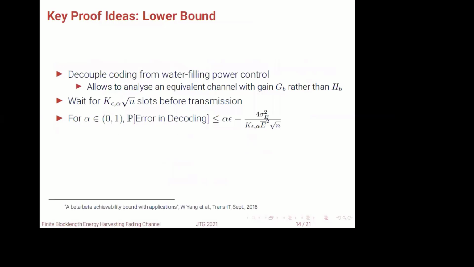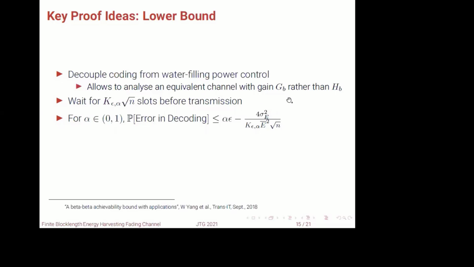Now we will quickly highlight some of the key ideas that we use in our proof. So basically one key step is decoupling coding from the water filling or control. By doing so, we convert the actual channel with gain HB to an equivalent channel with gain GB.